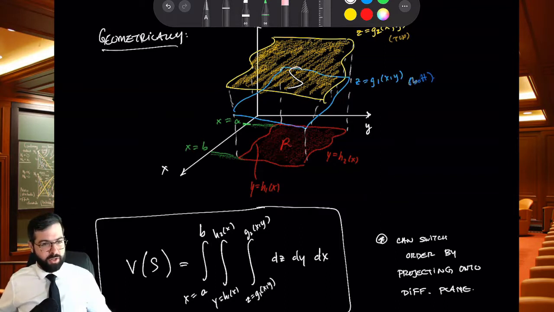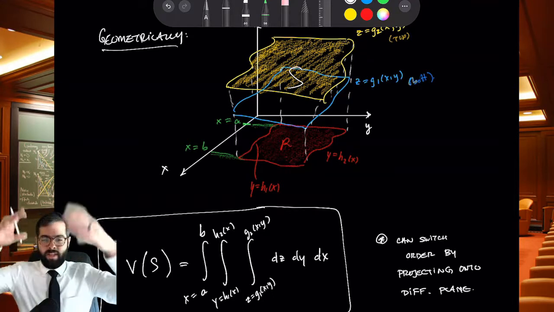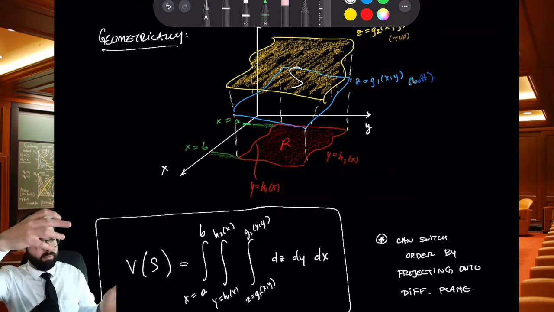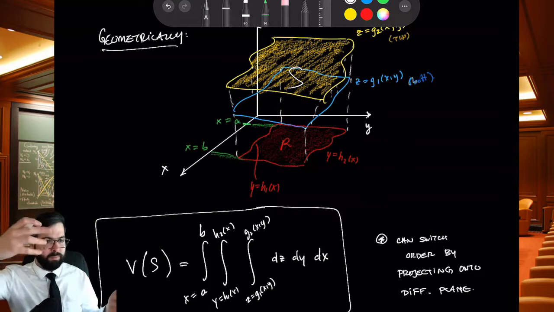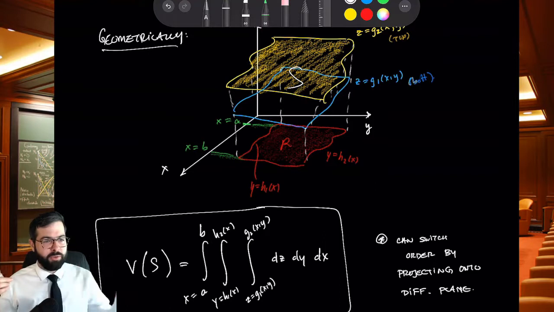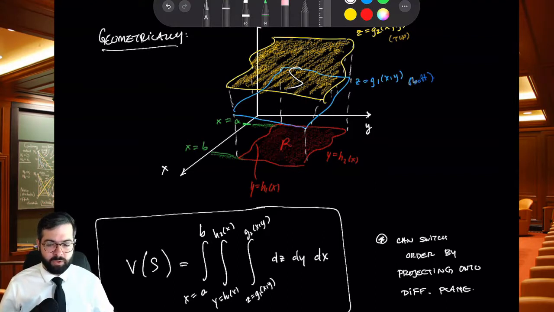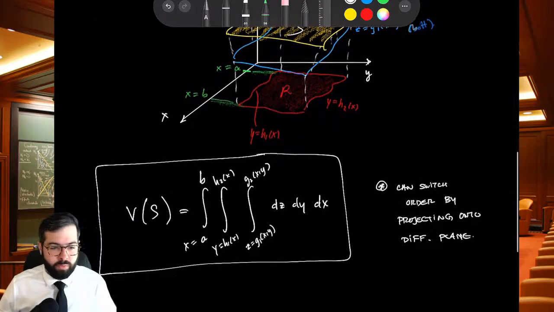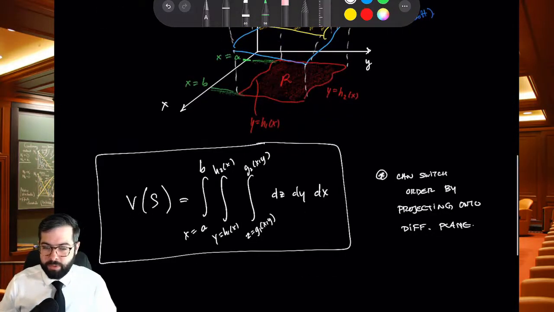And so our region, our flat region is in xy, and our z is the height. But you could define a surface based on equations of x, project into the yz plane, project into the xz plane, and we'll see how that happens. But this is probably the best way to illustrate it for the standard definition.